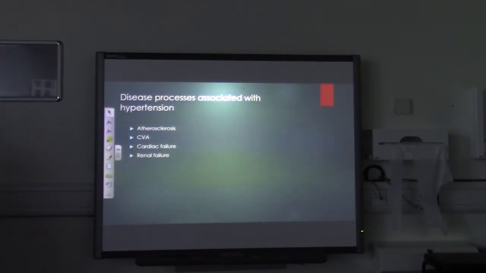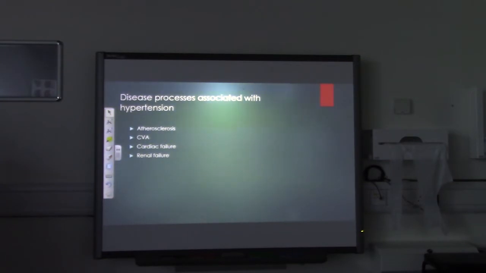Disease processes associated with hypertension. Well, atherosclerosis: we know that hypertension will cause damage to the endothelium and the development of atherosclerotic plaques.